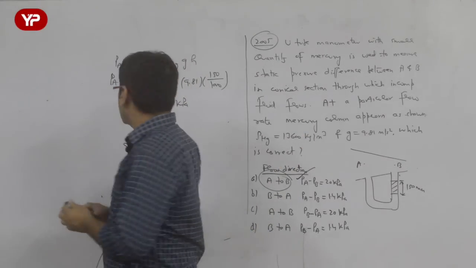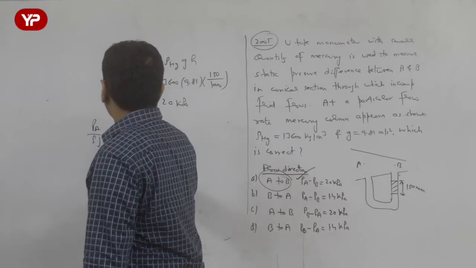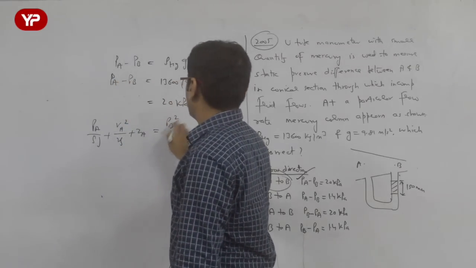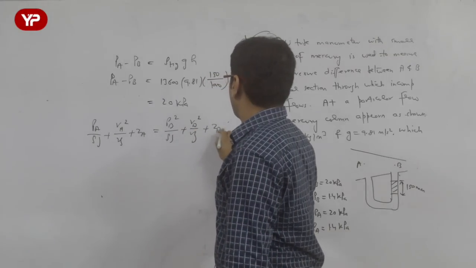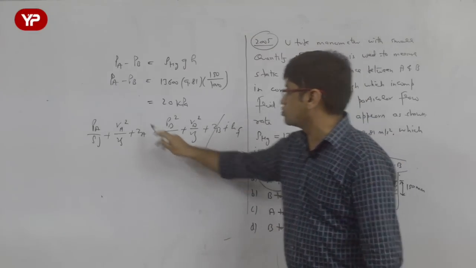To find the direction of flow, all you need to do is write the entire Bernoulli equation, for a real fluid. Here ZA is equal to ZB.